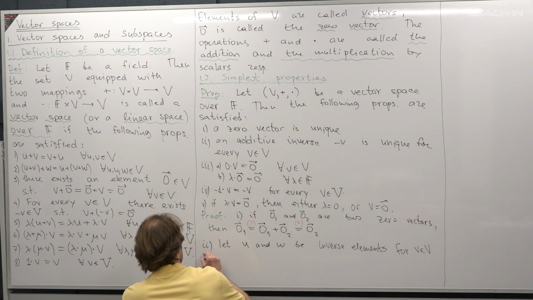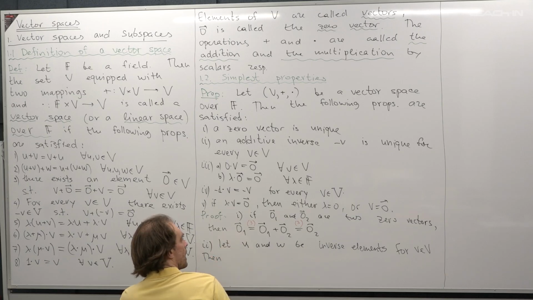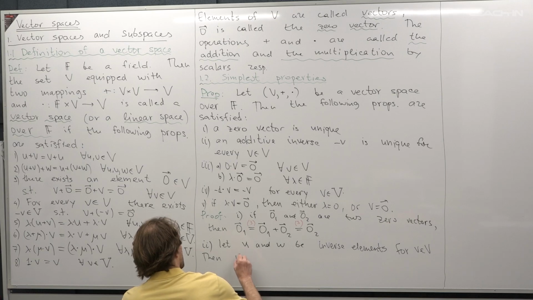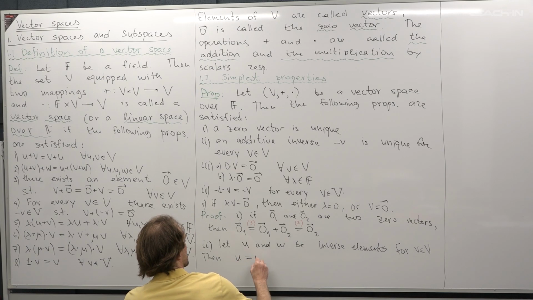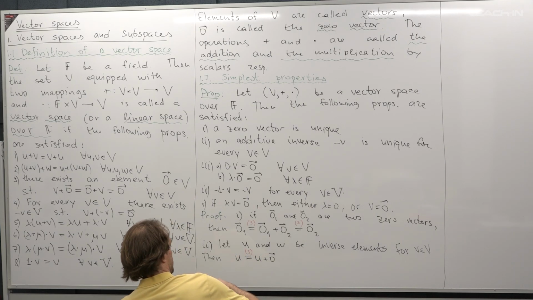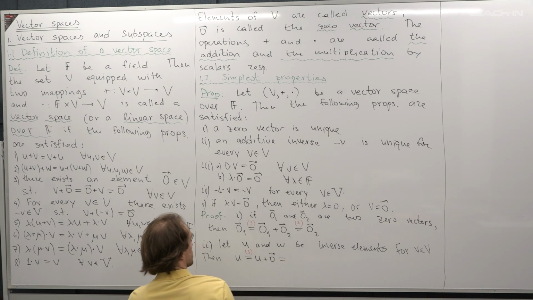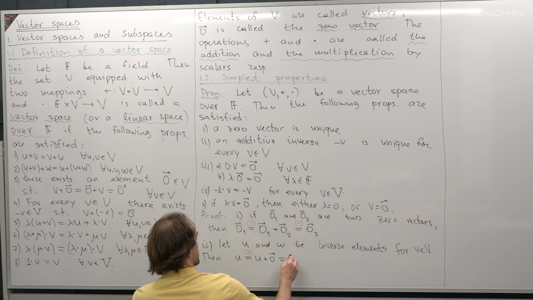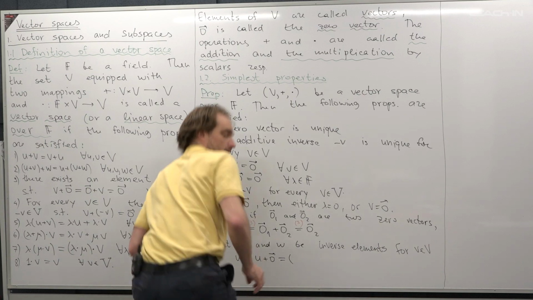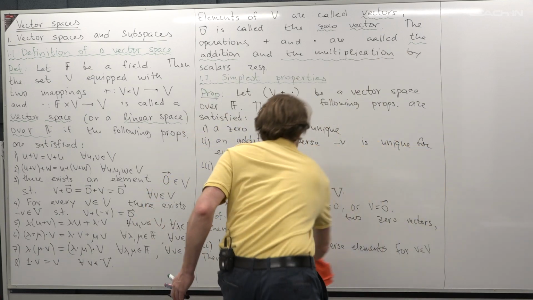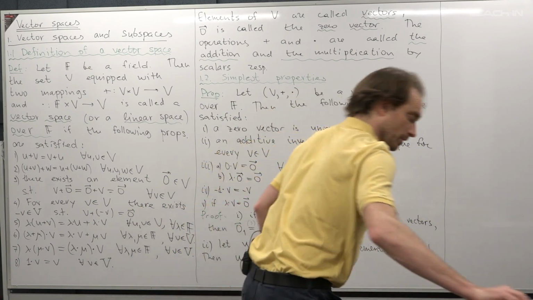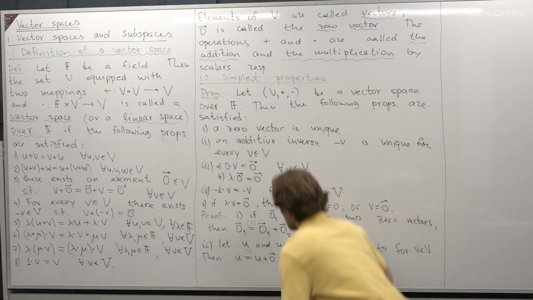Then U equals U plus the zero vector. This follows from property 3. Then the zero vector can be represented as V plus W, just because they are inverse to each other.